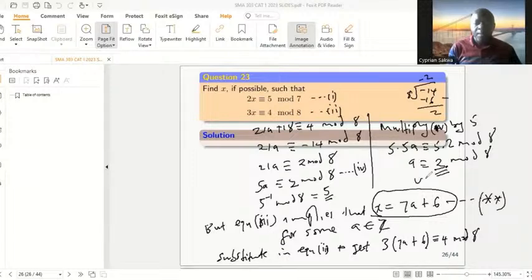Using double star, you can find x. x becomes 7 times a plus 6. This is 14 plus 6, which is 20. And the mod is 56.